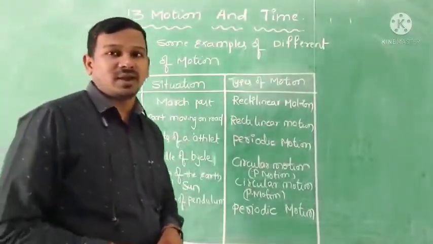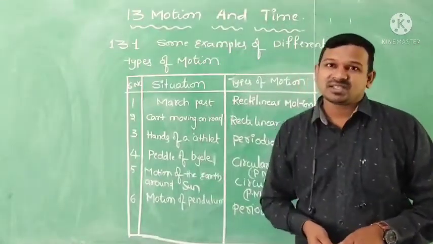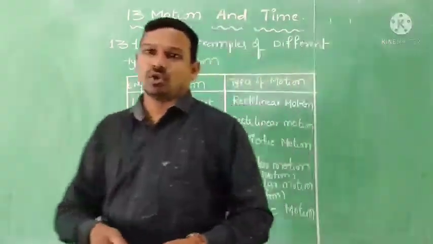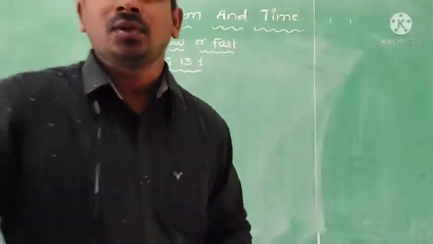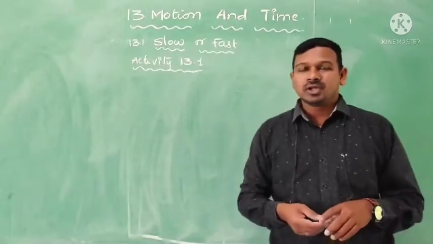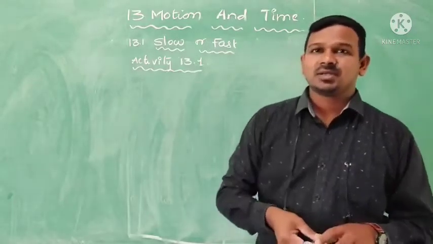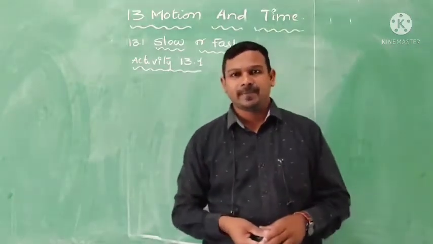Next we are moving to discuss which object is going very fast and which object is going very slow. In describing slow or fast, you know that when a body covers a distance, it takes some time.